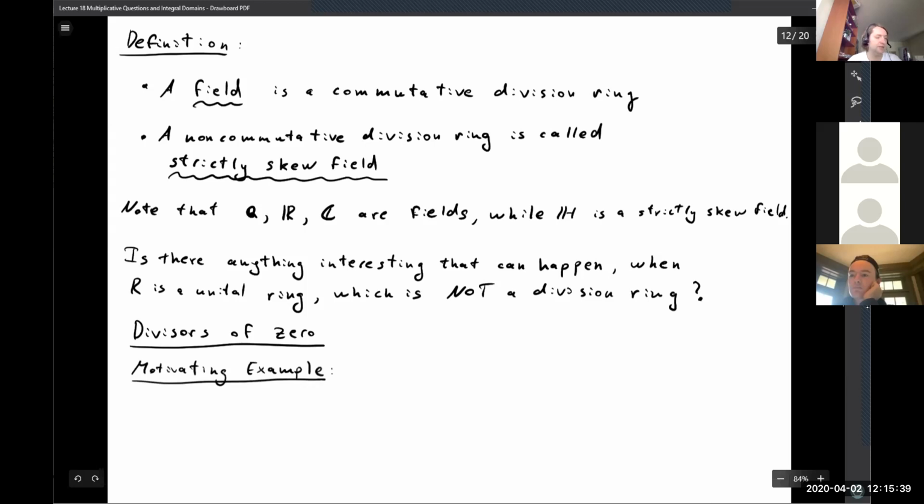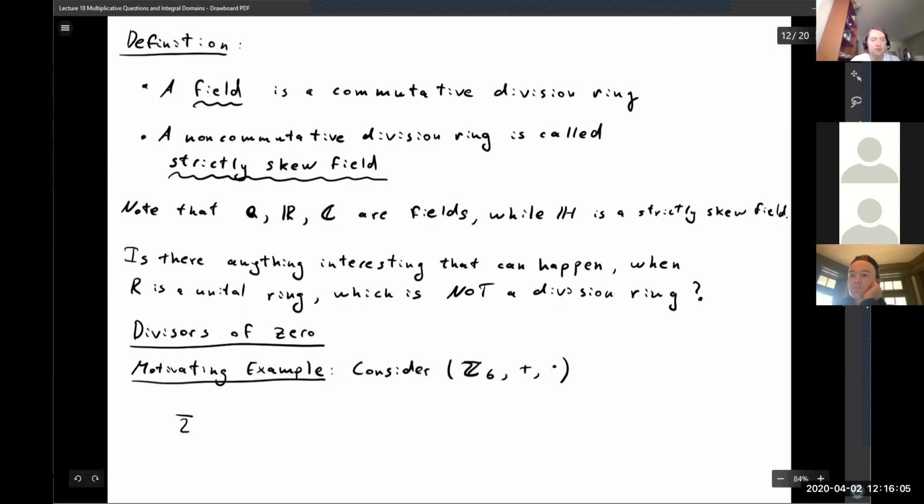Let's look at the ring of integers modulo 6, with the standard operations plus and times. Let's look at the product of two residue classes mod 6.